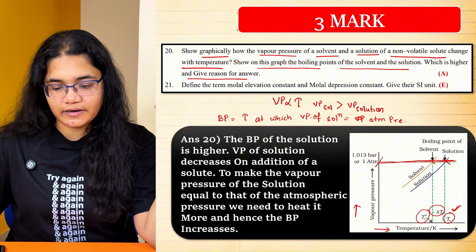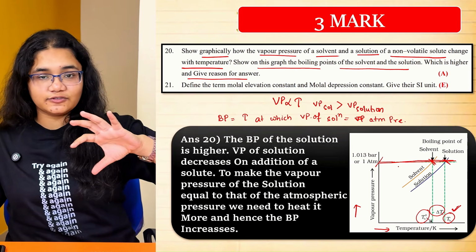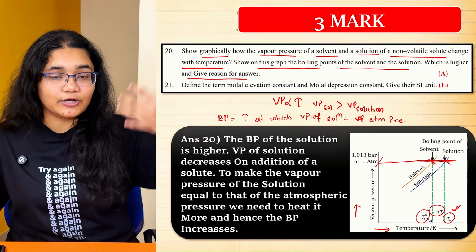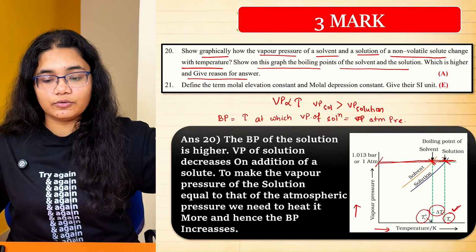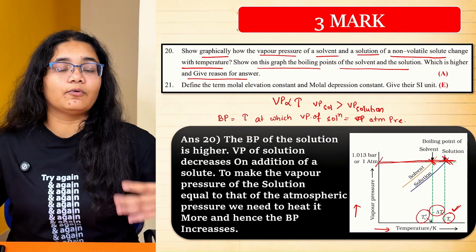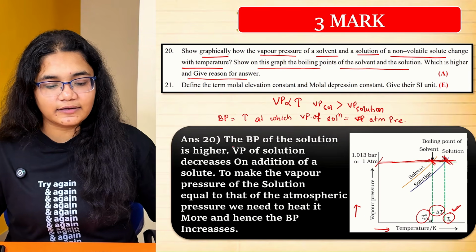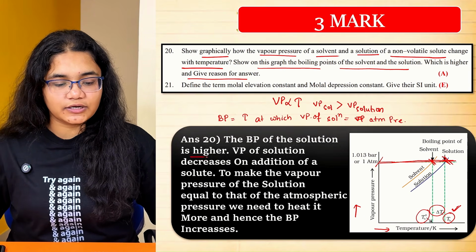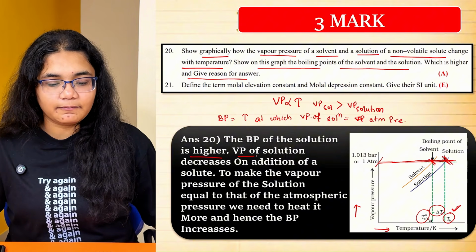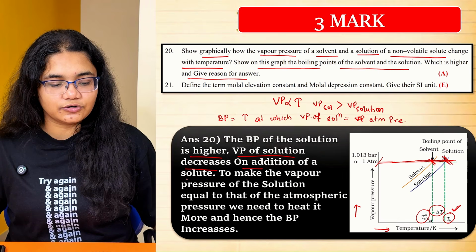When you have a solvent, it was touching here, but when you have added a solute, the vapor pressure is now decreased. So now you need to create more vapor pressure to reach the atmospheric pressure value. So that means you need to heat for more time and the boiling point will increase. So how will you write the reason? The boiling point of the solution is higher, that's this part of the question, which is higher, and the reason: vapor pressure of the solution decreases on addition of a solute.